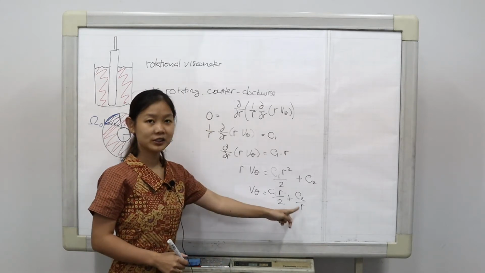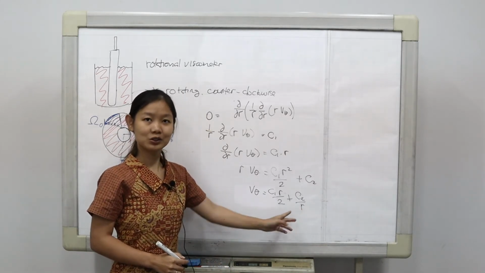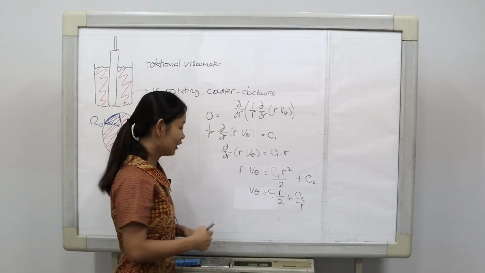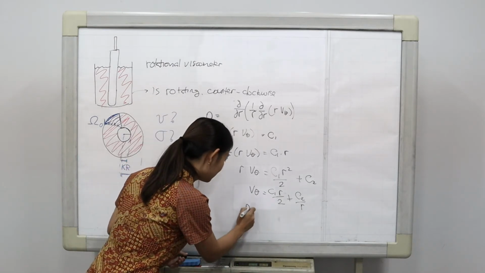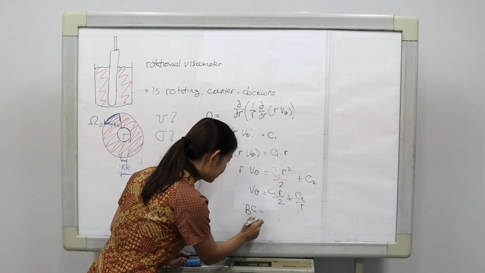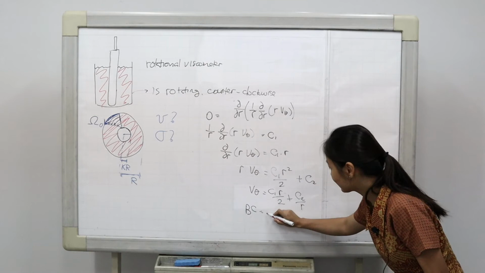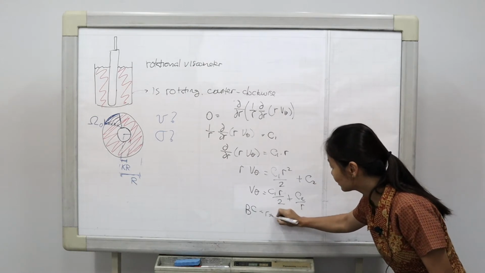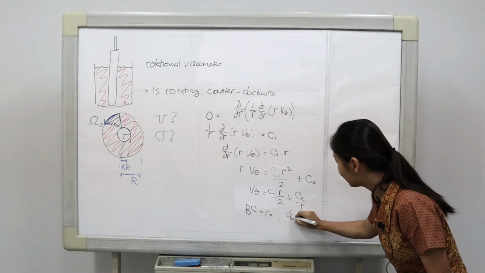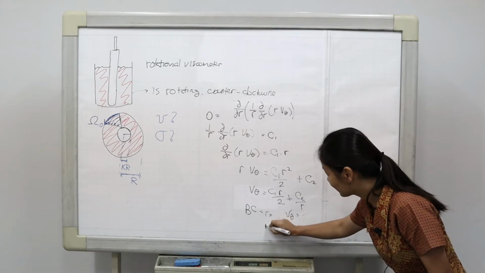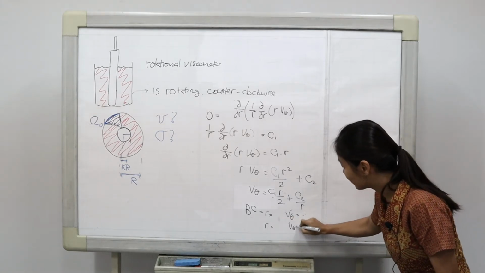We have two constants here, which means that we need two boundary conditions. Our first boundary condition is at r equal to something, φθ is something, and the second is similar.